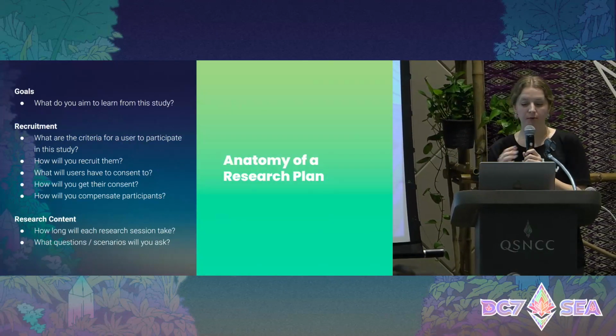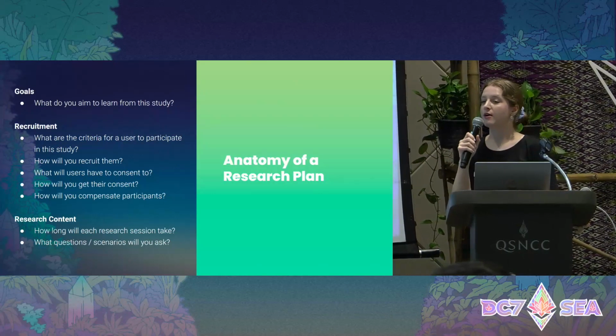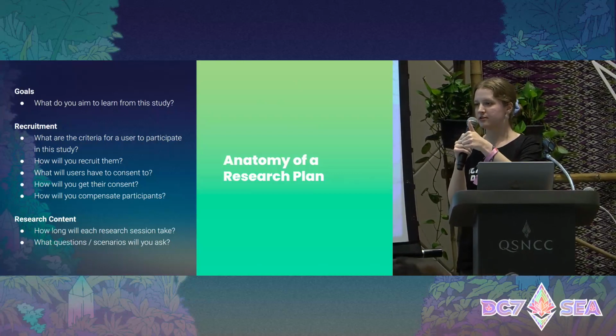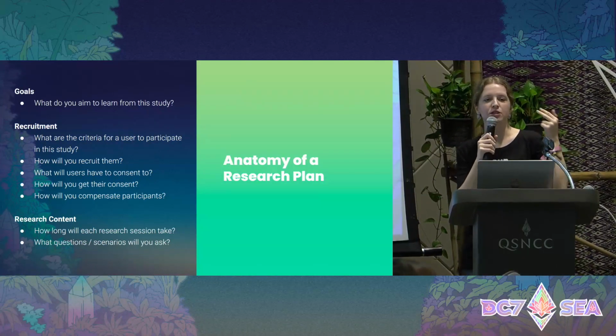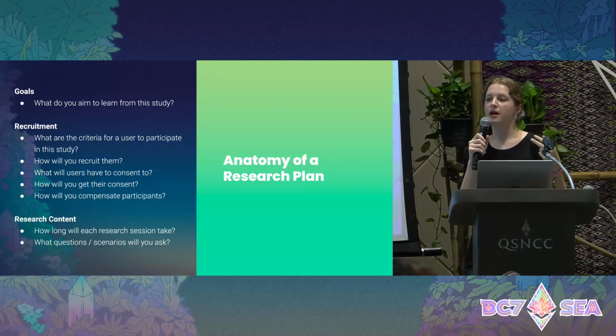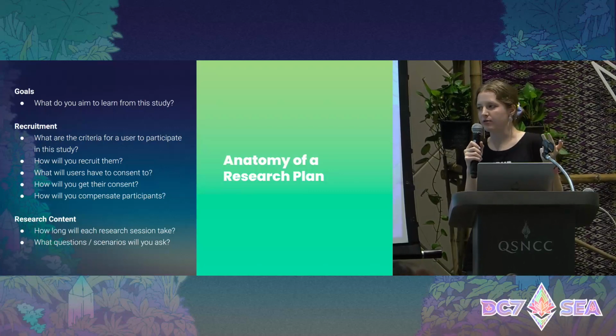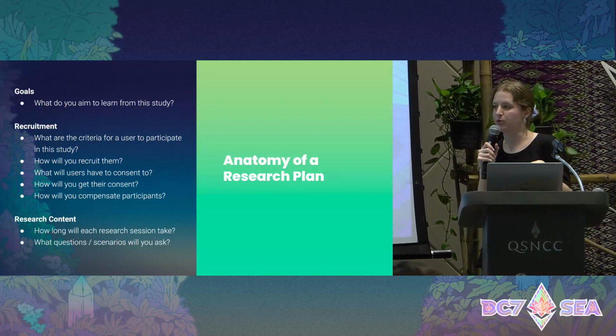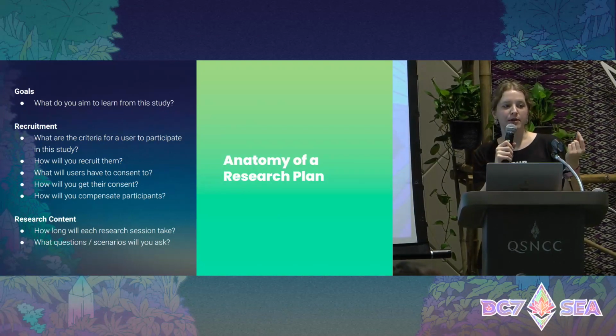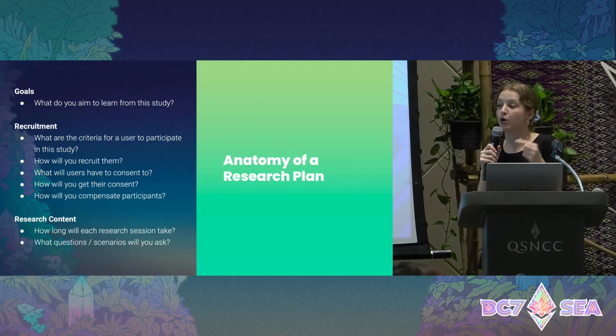So first, you'll need to think about what is my project? Which method are we doing? Then you need to think about what are the goals of this study? What do we aim to learn from this research? Is it people's general thoughts about this area? Maybe if you're working on a project with AI and you want to learn people's general thoughts and experiences with AI. Maybe it's more specifically, I have a prototype, I have a UI, and I want to know where people are struggling to use it.